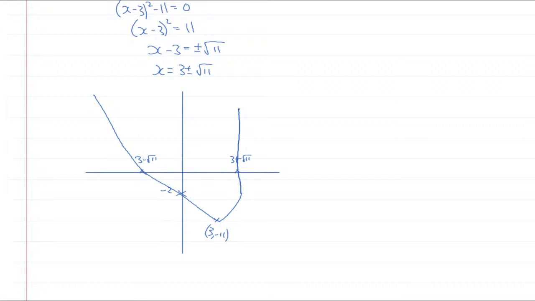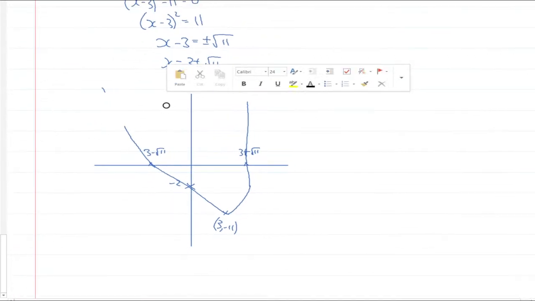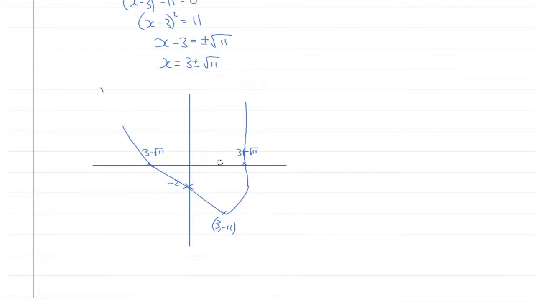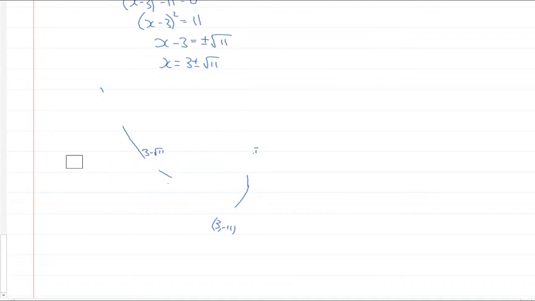If I drew it like that, what I probably should do, you know the best way to do this? I'll show you the best way to do it. If you know roughly where it is, draw your graph first if you can.